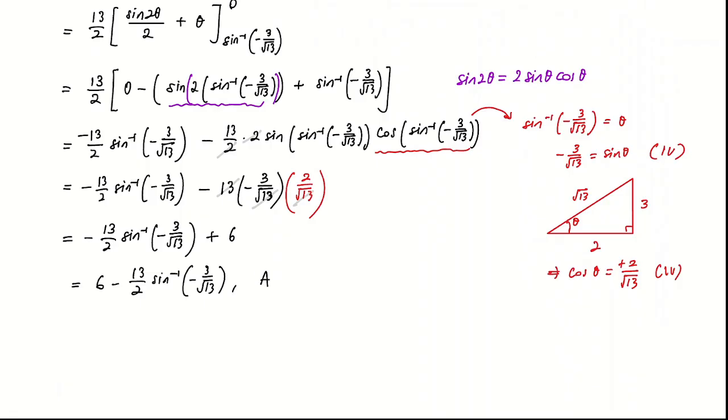And they want us to find a. So over here we can also declare that a is equal to 6. At this point it's also my bad. I forgot about this divide by 2. So I have a half over here, and actually I have another half over here, and another half over here.